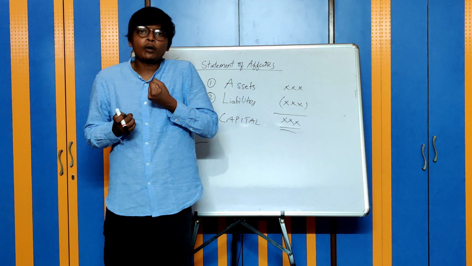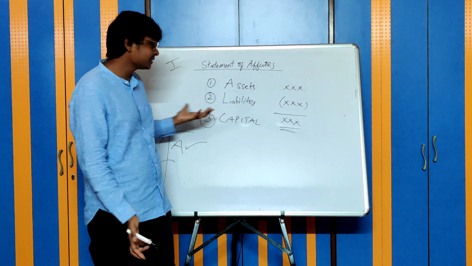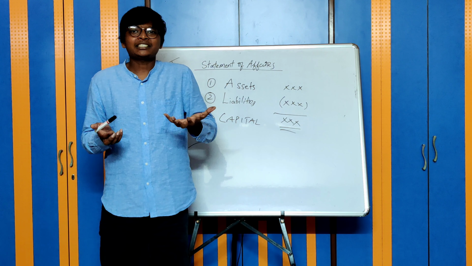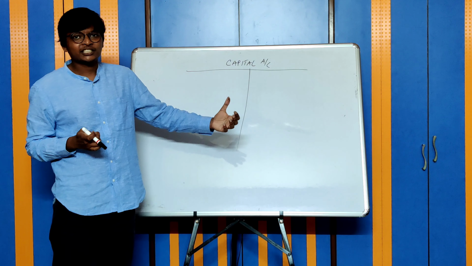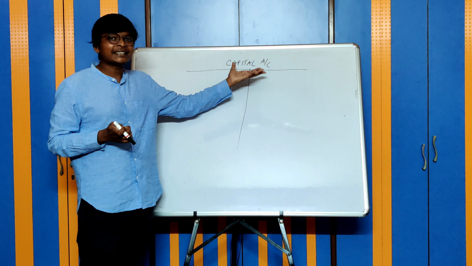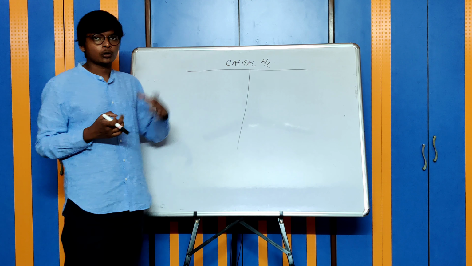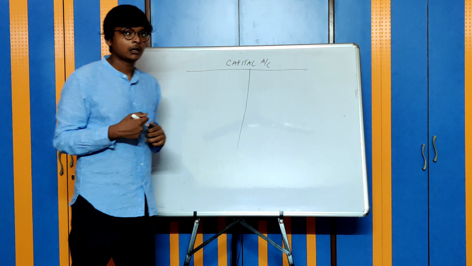Now, the most important thing in this chapter is to understand the structure of the accounts, and hence let us look at the structure of various accounts in this chapter. In the previous section, we had seen a format for statement of affairs. Now let us look at the template of how a capital account will look, with the debit side and the credit side.